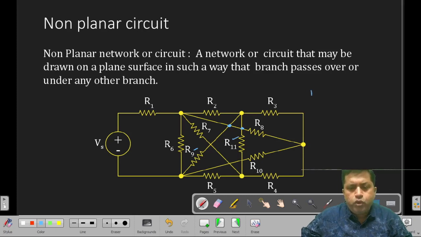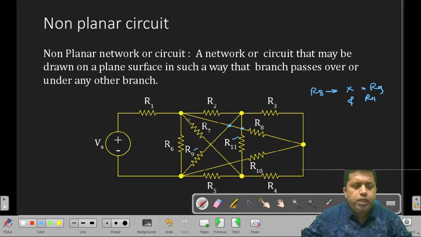So R8 is intersecting R9 and R11. This type of network is known as a non-planar network.